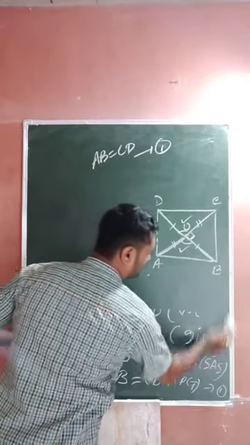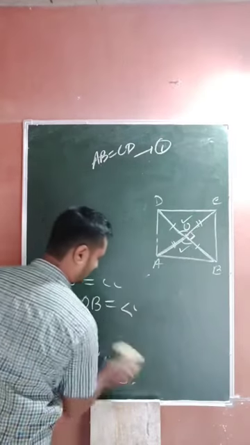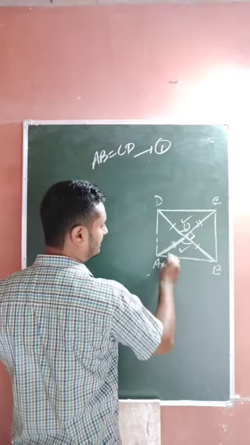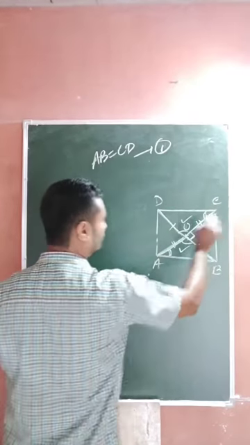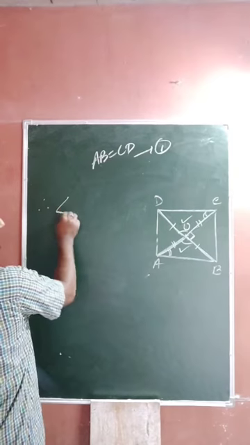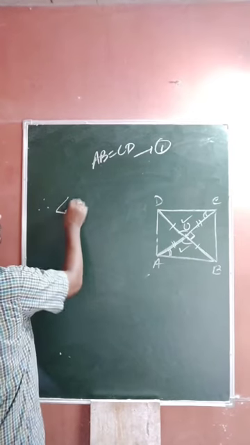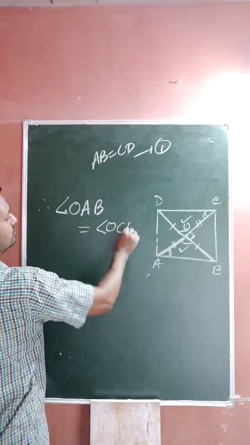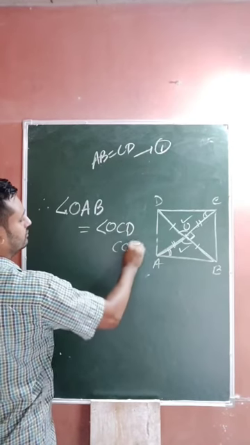Again, if these two triangles are congruent, this angle and this angle are also equal. Angle OAB is equal to angle OCD, which is CPCT also.